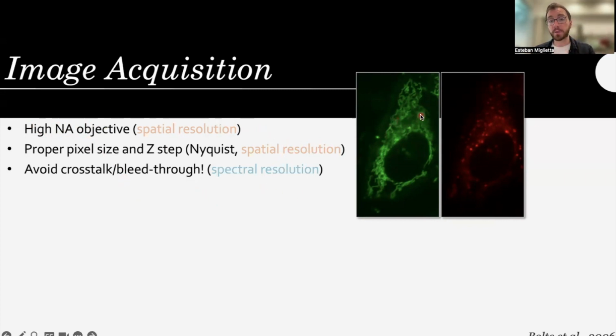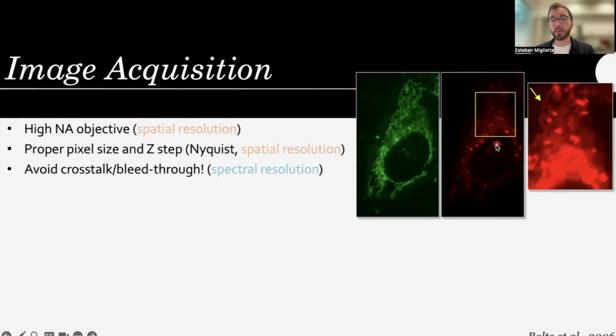How would that look? For example, we have these two images. In green, we have labeled mitochondria, and in red, we have lysosomes. But actually, we see that there's some background in this red image, and if we crank the contrast up, we'll see that we can actually see the shape of the mitochondria, which can lead us to think that we are acquiring some of the fluorescence coming from the green label into the red channel.